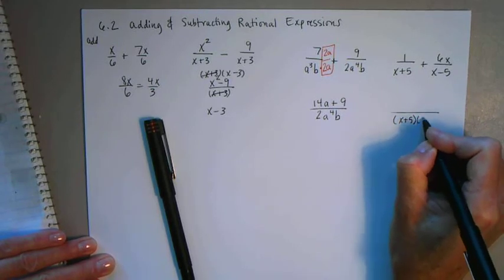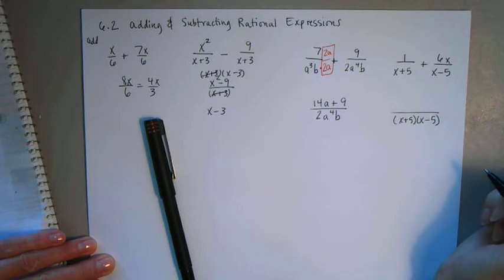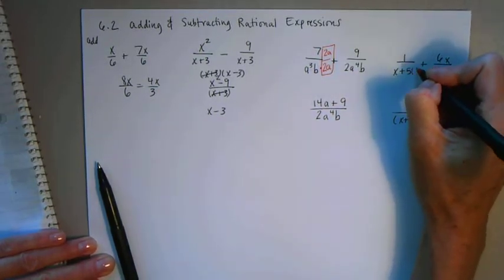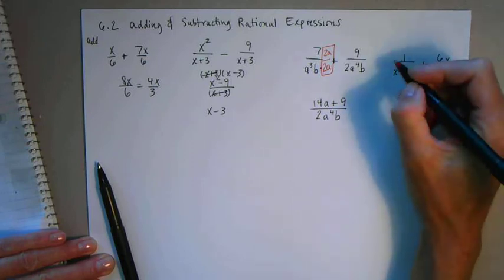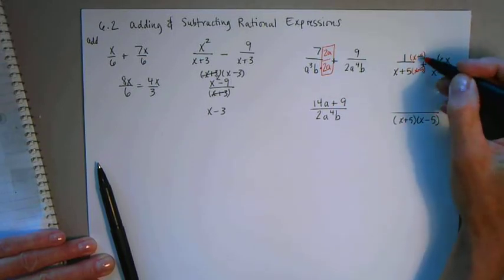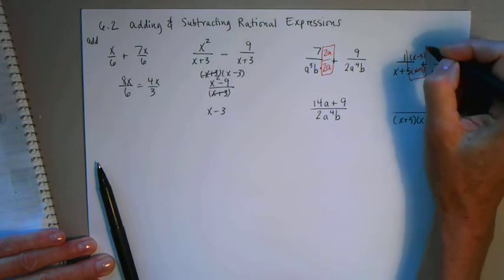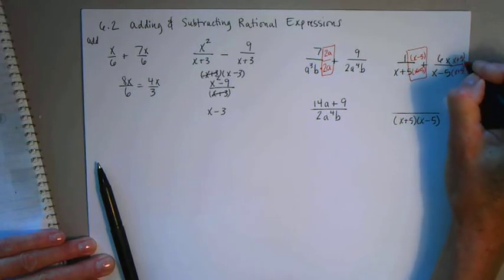So my common denominator will be both x plus 5 and x minus 5. And then I come up to this one and go, what does it need? It needs x minus 5. And whatever you do to the bottom, you have to do to the top, so that you're just multiplying by 1. So if you don't have multicolors, stick that in a box. It's x plus 5. Anything I do to the bottom, I have to do to the top.